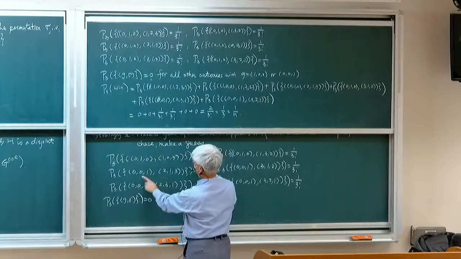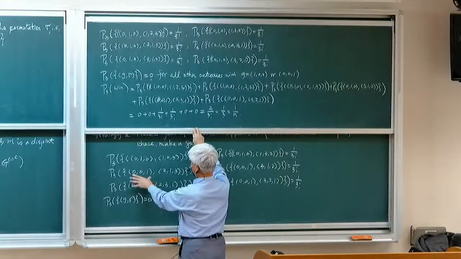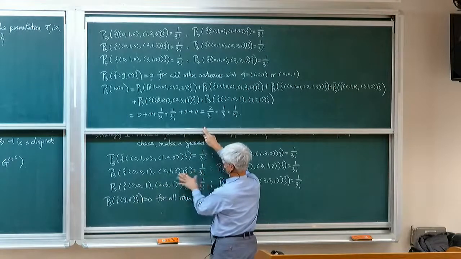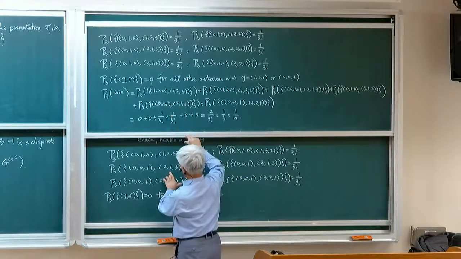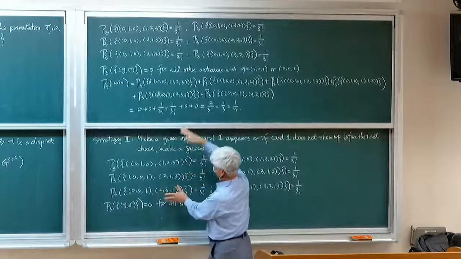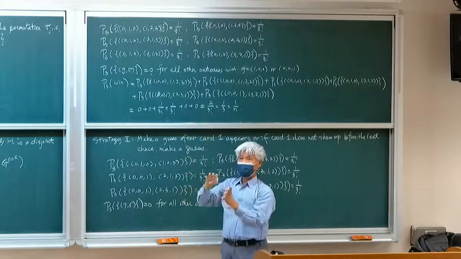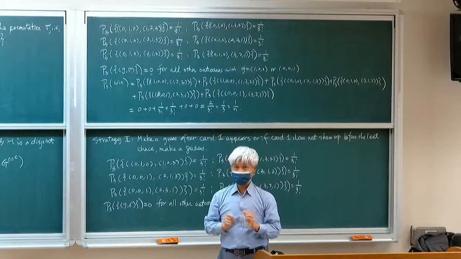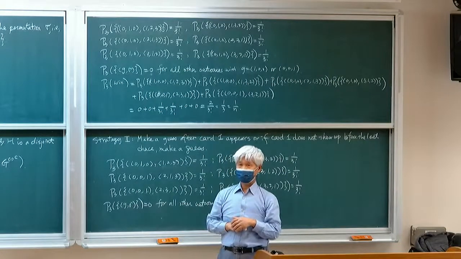Okay, I should say this one. And this atomic event is 1/6, but in here is 0. I'm sorry. So these two probability functions are different.